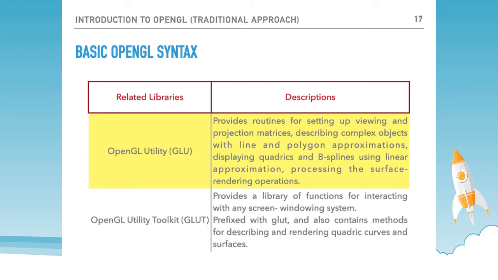Now, in addition to the OpenGL basic or core library, there are a number of associated libraries for handling special operations. The OpenGL Utility library, GLU, provides routines for setting up viewing and projection matrices, describing complex objects with line and polygon approximations, displaying quadrics and B-splines using linear approximations, processing the surface rendering operations, and other complex tasks.